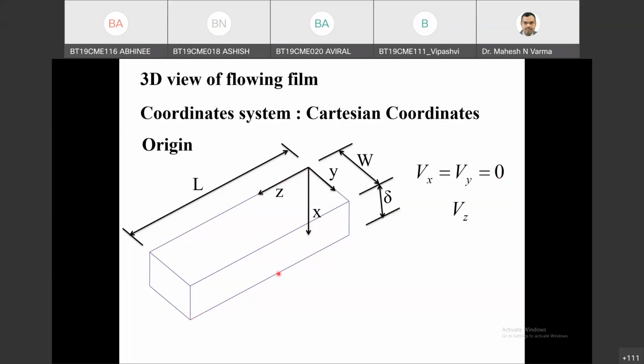Here is my plate, and this is the liquid film. There is no velocity in the x direction and no velocity in the y direction, because the potential energy remains the same. Gravitational force is acting only in the z direction, so there is only one velocity, Vz.